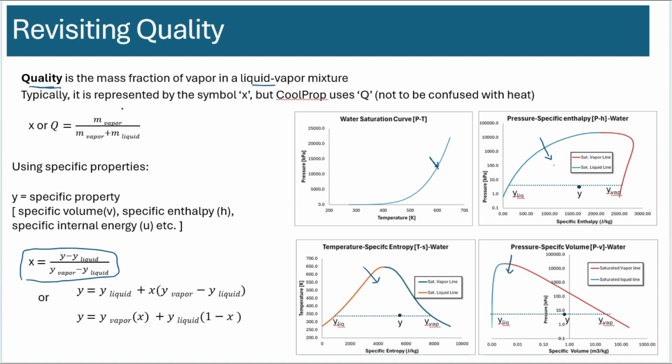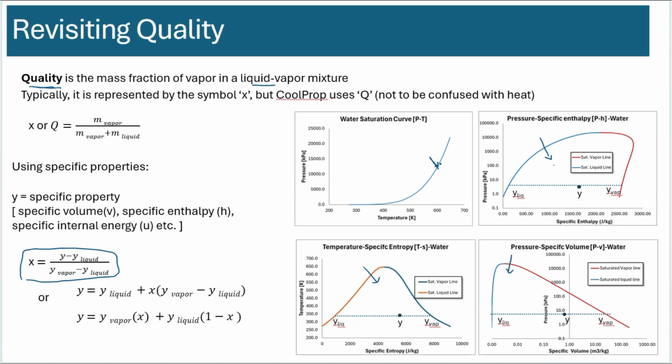How does the quality of that mixture vary left to right or top to bottom inside the dome here? On this line, the line is so thin, it's hard to tell how it varies. You cannot tell quality using the P versus T diagram.